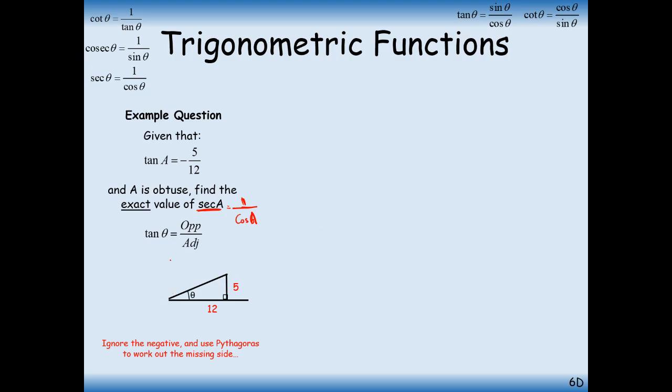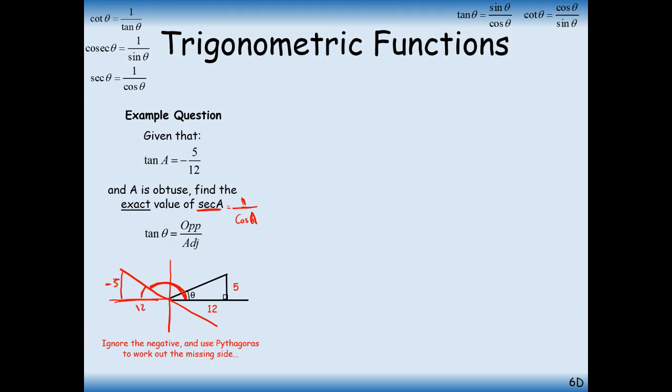So let's look at this angle here. If we pretend that we have a unit circle here, the angle is somewhere in this region. The fact that it's obtuse means that we are talking about this angle here, and we can find this tan to be negative 5 over 12, like so.